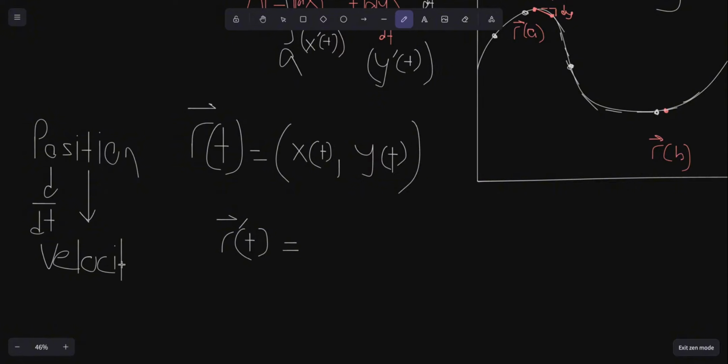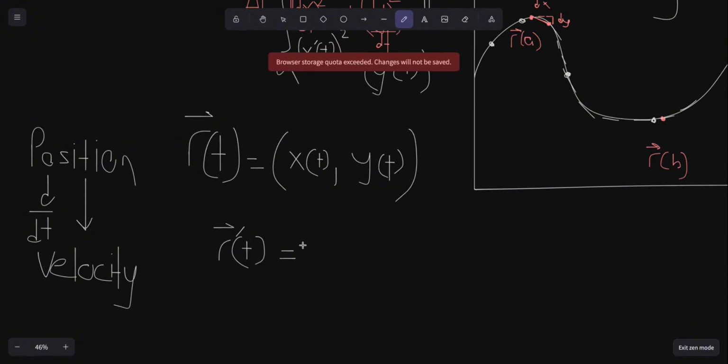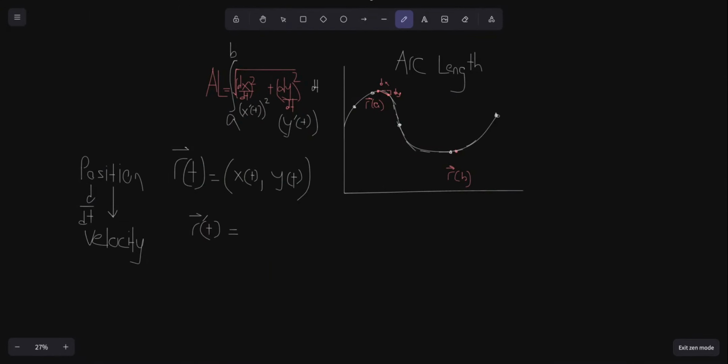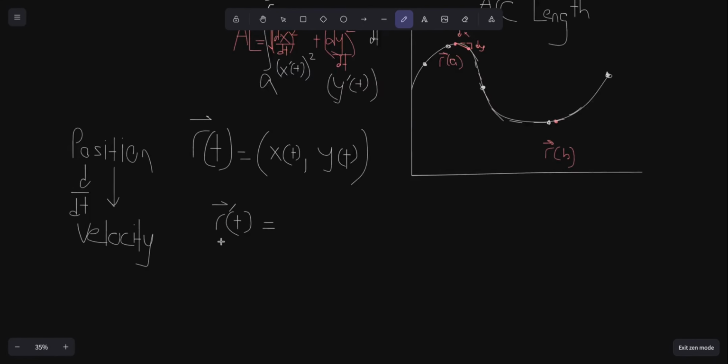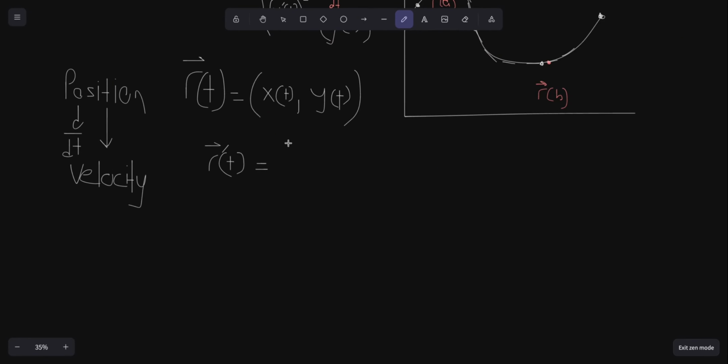So this vector valued function, r prime of t, that's just going to give us the velocity. So in this case, r prime of t would just be composed of x prime of t and y prime of t. Okay.